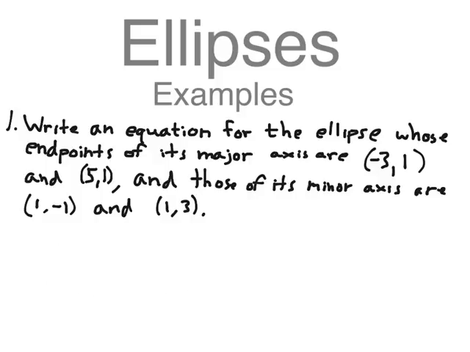What I mean by that is, let's look at the major axis. The 1s don't change, and those are for the y-coordinate. For the minor axis, the 1s don't change, and those are for the x-coordinate. So there I have my midpoint, or rather, my center.